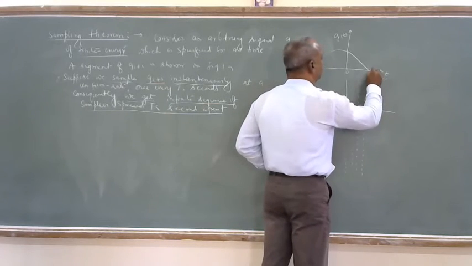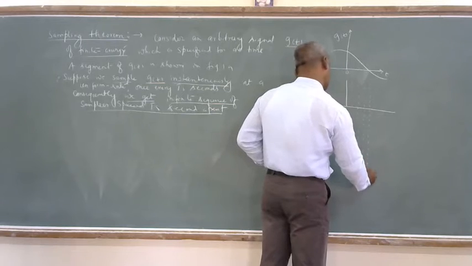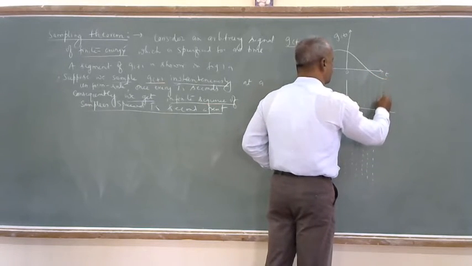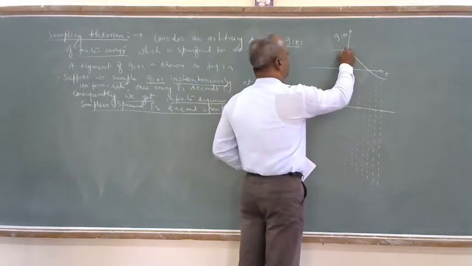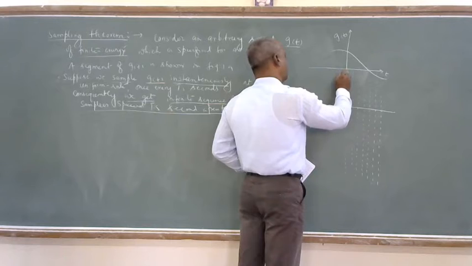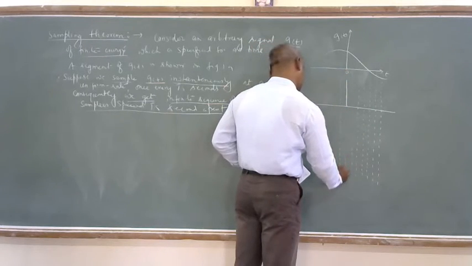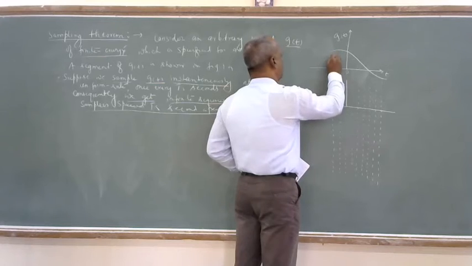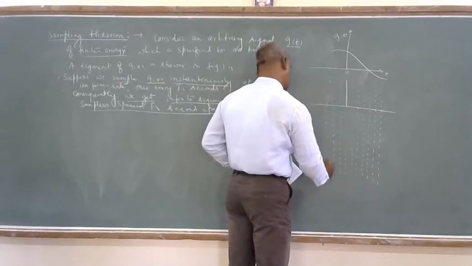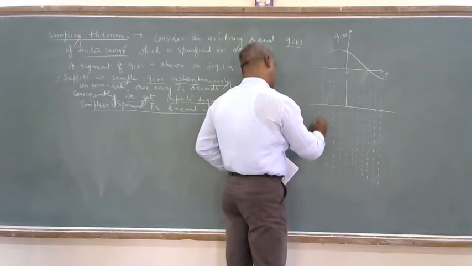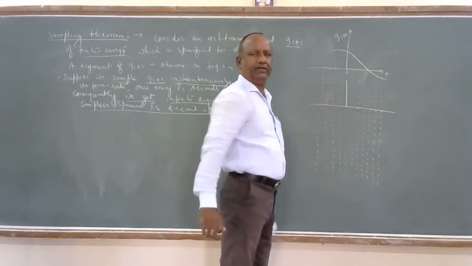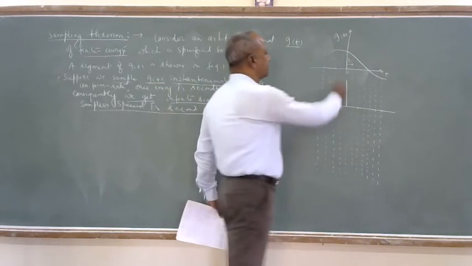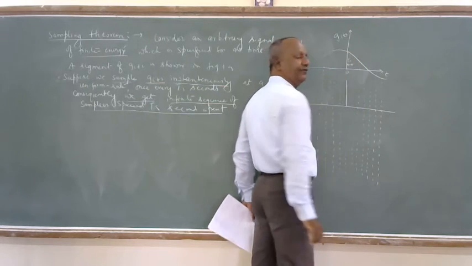The interval is common. So these are the instants, each spaced by ts. Each interval width is ts.